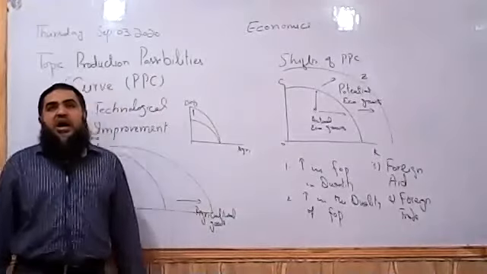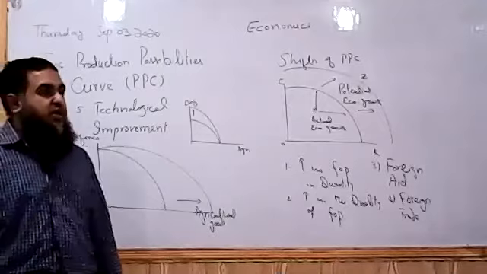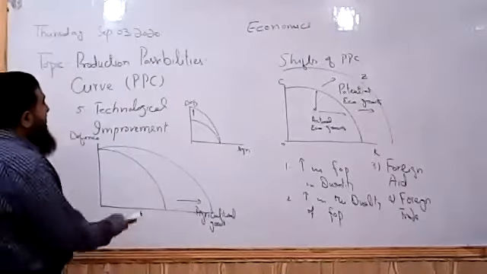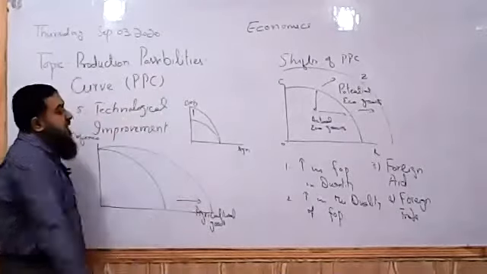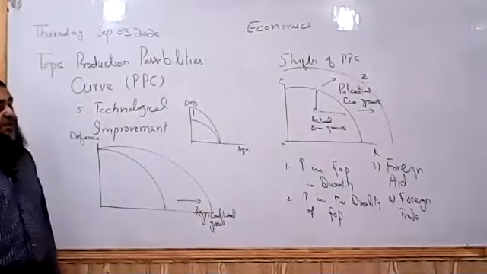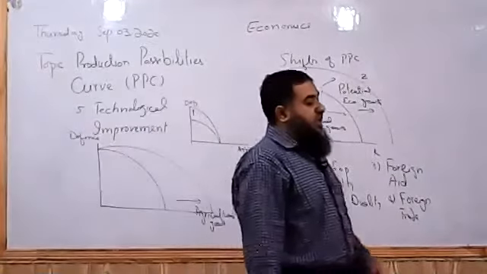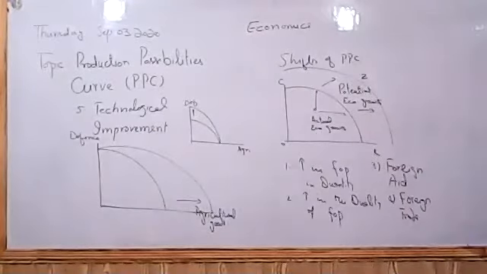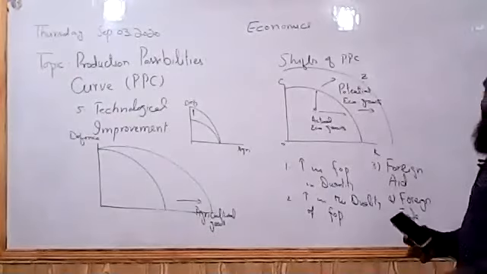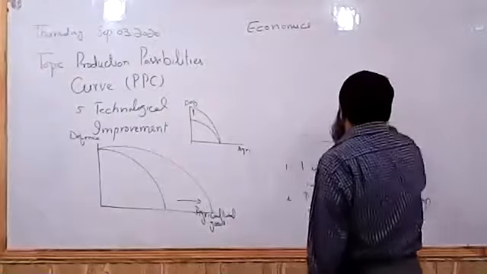We'll have better aircraft, better missiles, nuclear weapons. So our defense output will increase rather than other products which could be produced instead of defense. So this is improvement in technology, improvement in the factors of production, and improvement in foreign aid. All of them cause an outward shift of PPC.